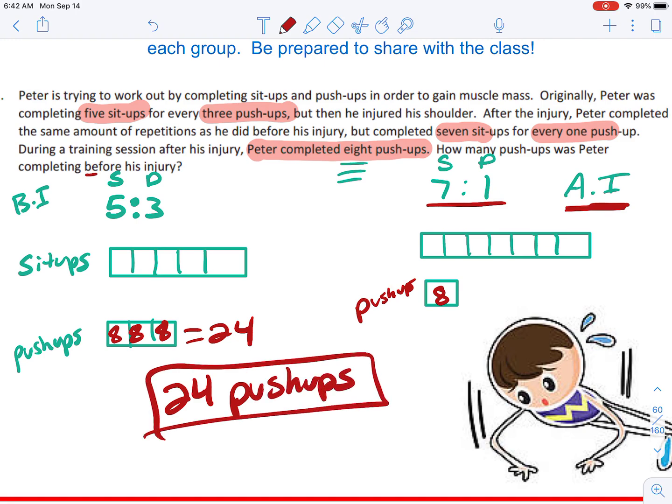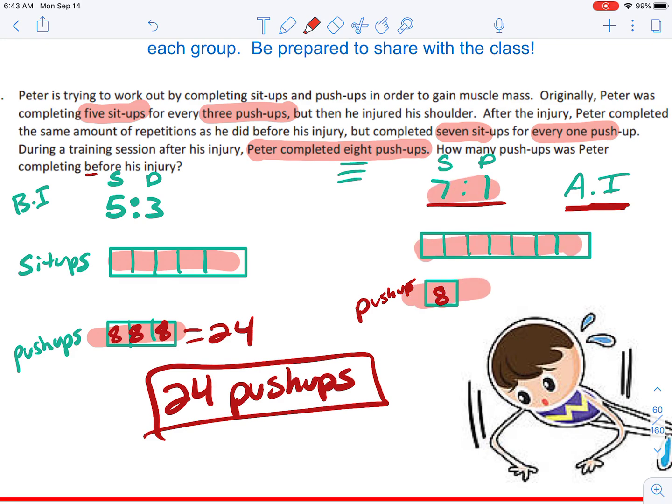Okay, so let's go through that again. Originally, before his injury, Peter was completing 5 sit-ups for every 3 push-ups. So we made that tape diagram. Then he injured his shoulder, and after, he completed the same amount of reps as he did before his injury, but he completed 7 sit-ups for every 1 push-up.